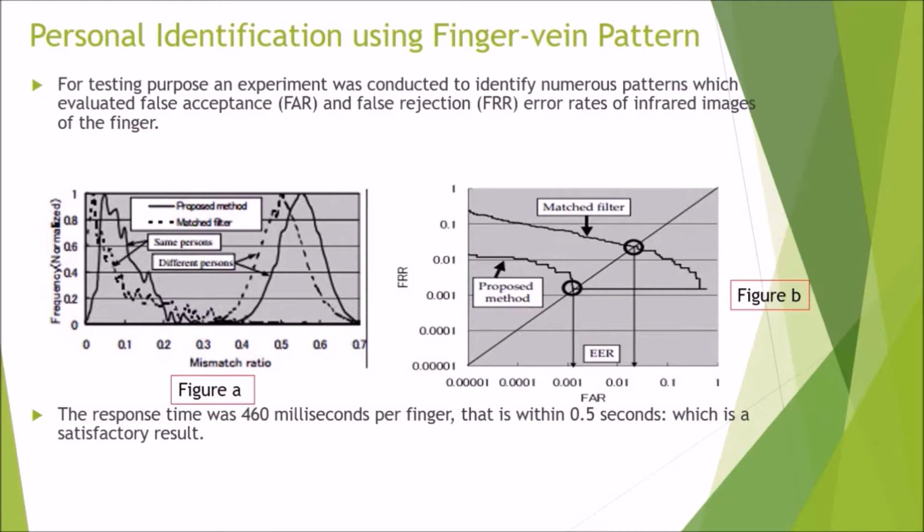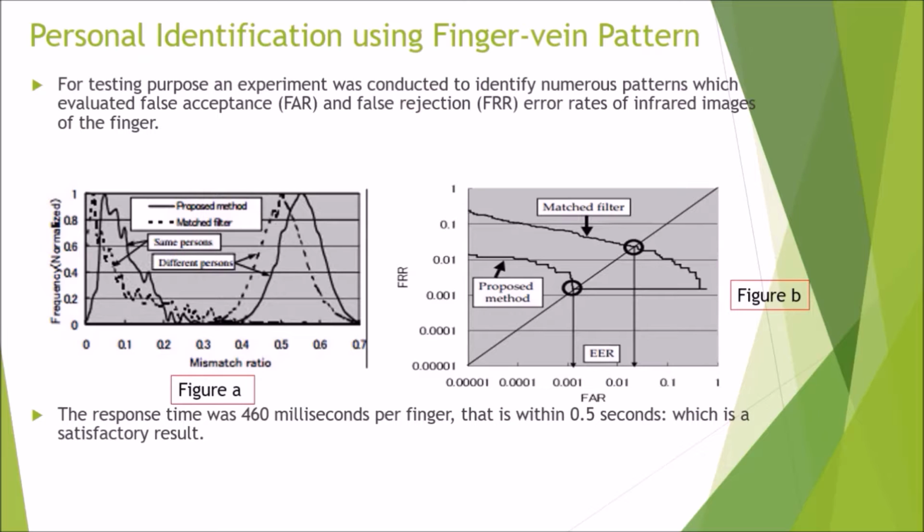Coming back to the slides again, to test the performance of the designed system for personal identification, an experiment was done using the procedure to identify a large number of patterns. The experiment involved evaluating the false acceptance rate FAR and false rejection rate FRR for a database of infrared images.